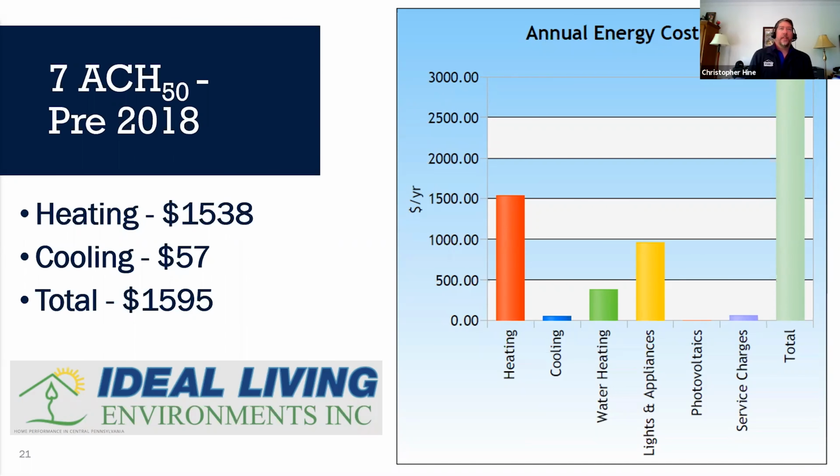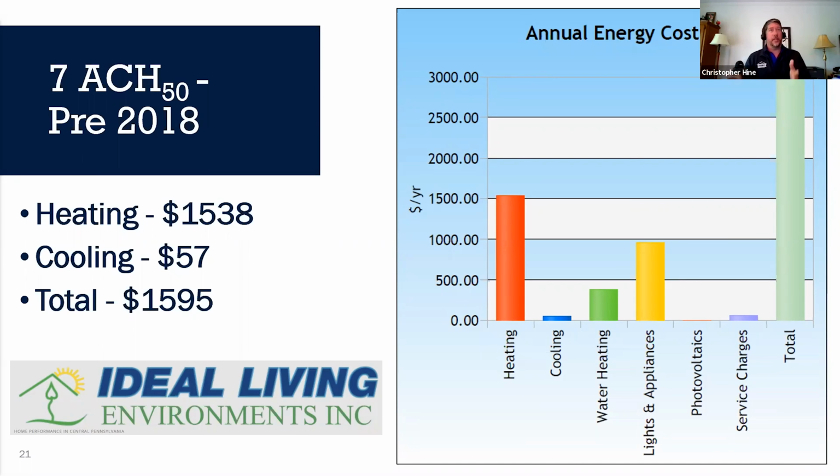So this first one here is 7 ACH50. That's our 3,200 square foot home, conditioned space, that is built pre-2018, right? So this is our pre-2015 IRC, where the majority of us just did the visual inspection checklist to make sure we're passing the air infiltration.